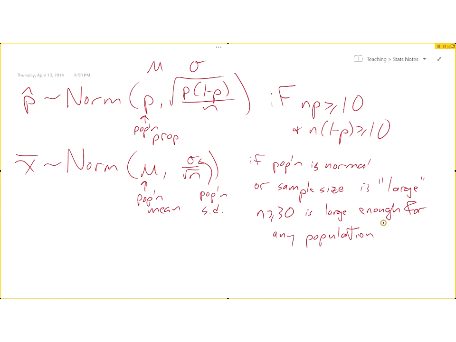In other words, if we went back and mirrored our confidence interval, a 95% confidence interval for mu would be x bar plus or minus 2 times the standard error, which would be x bar plus or minus 2 times sigma over square root of n.